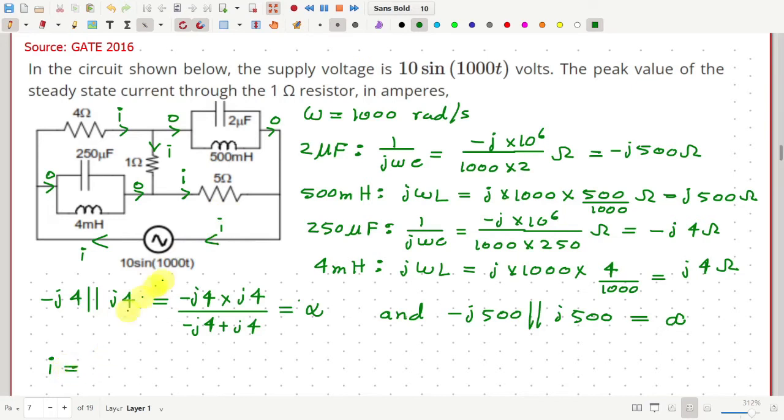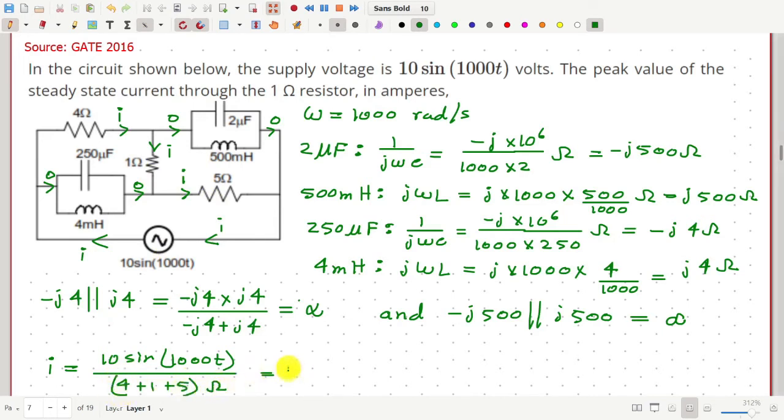This current I will be this voltage, in sine 1000 t, divided by the total resistance in this path, which is 4 plus 1 plus 5, total 10 ohm.